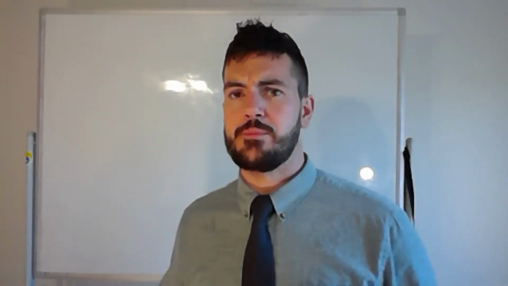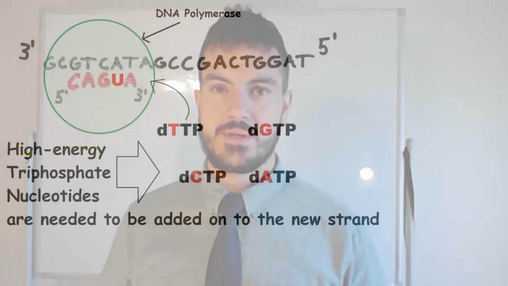So in order to put these nucleotides up on the strand, DNA polymerase is going to need high energy nucleotides. It doesn't want monophosphate nucleotides. It doesn't want diphosphate nucleotides. It needs those triphosphate nucleotides, the high energy triple phosphate molecules.